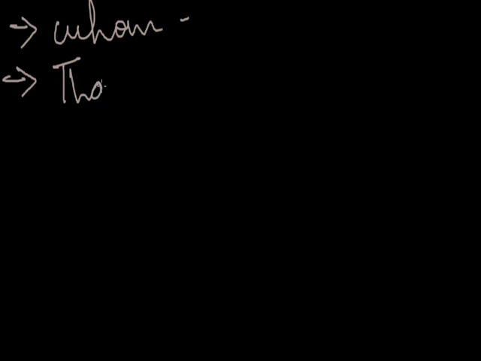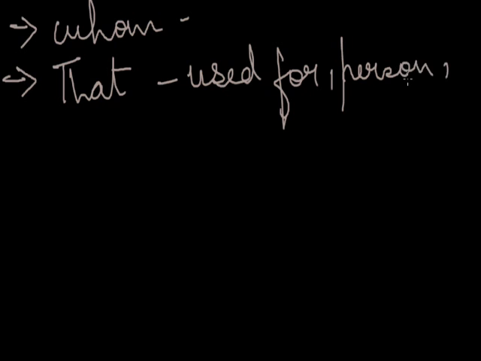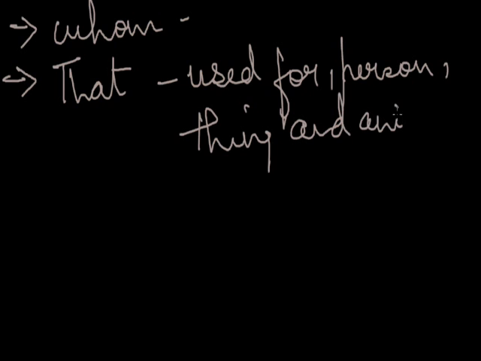Next, the relative pronoun that is used for persons, things, and animals as well. For example, these are the books that can be trusted, or this is the ring that I lost yesterday.